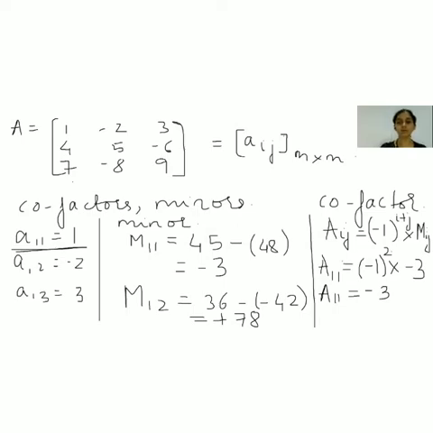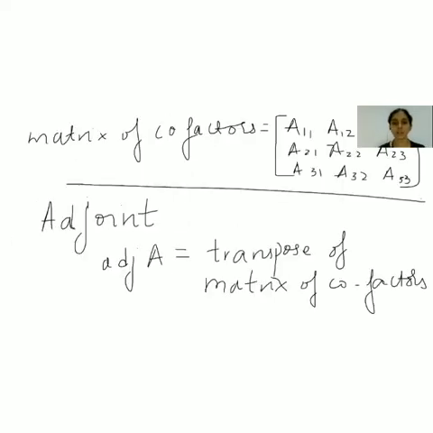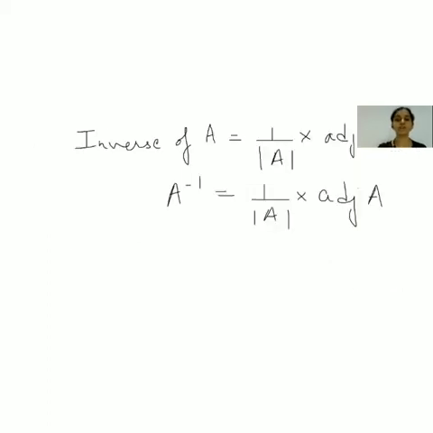Then we will make a matrix of cofactors. After we make the matrix of cofactors, how do you find the adjoint of that matrix? We will transpose this matrix of cofactors. So adjoint of A is equal to transpose of matrix of cofactors. Then we say inverse of A. What is inverse of A then? 1 upon determinant of A multiplied by adjoint of A. So this is a little tedious step over here, that is finding the adjoint.